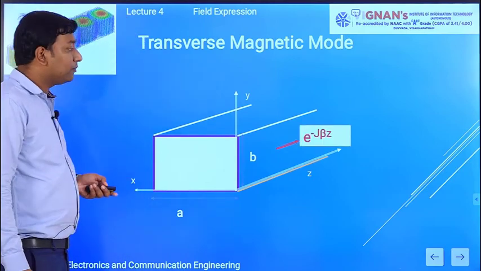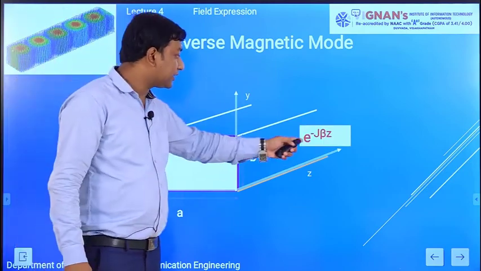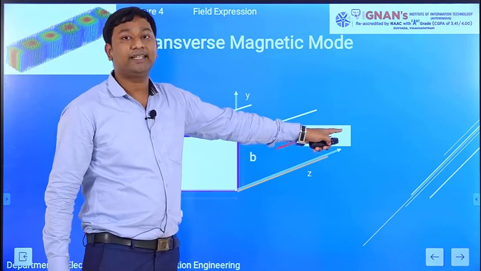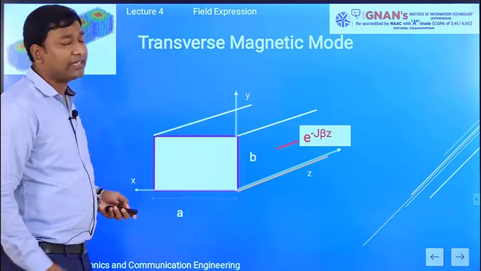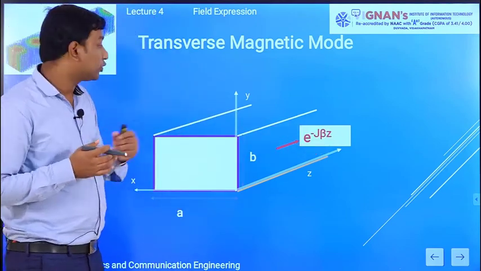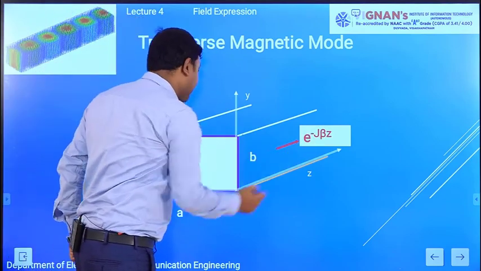The wave propagation is e to the power minus j beta z. We are considering lossless transmission, so that's why we are using j beta z.